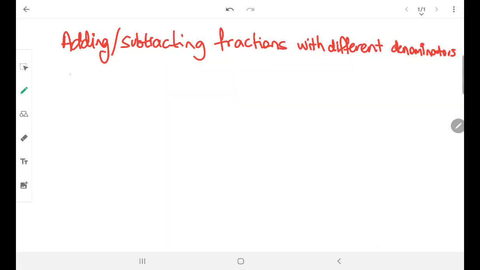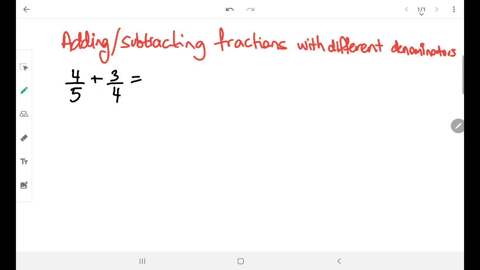So a common example of that is 4 over 5 plus 3 over 4. In this example, you can see that there isn't any common denominator, or we can't really have a multiple of a fraction when we make it equal to another fraction in terms of denominators.